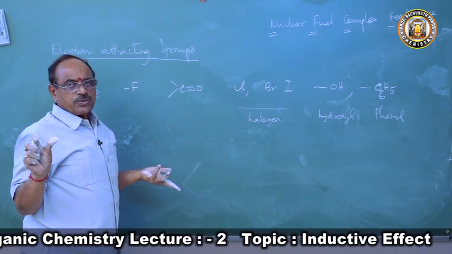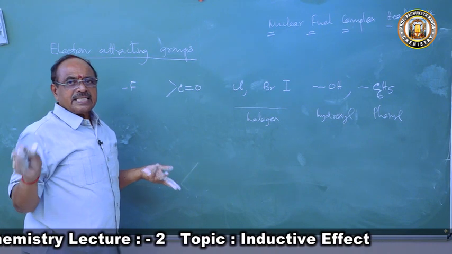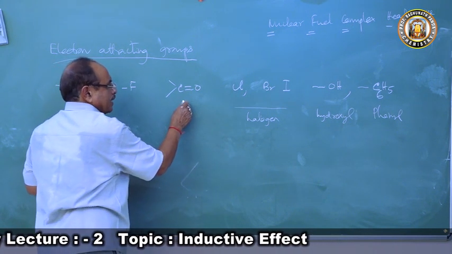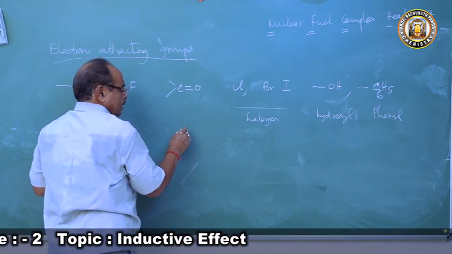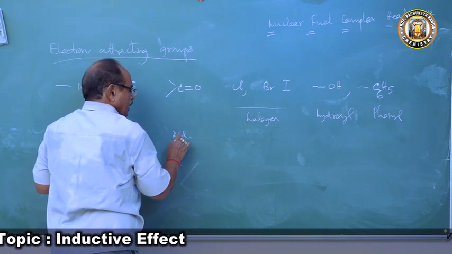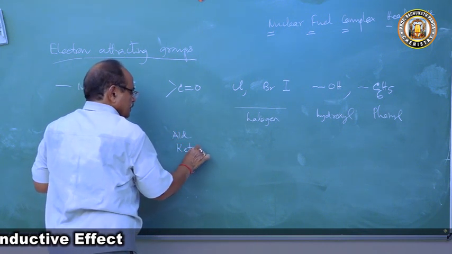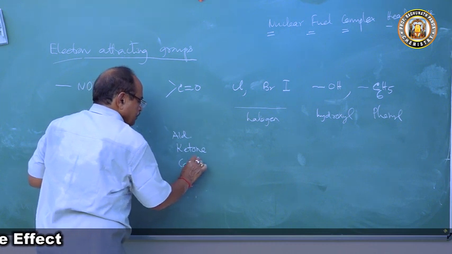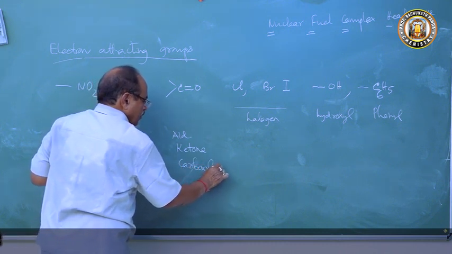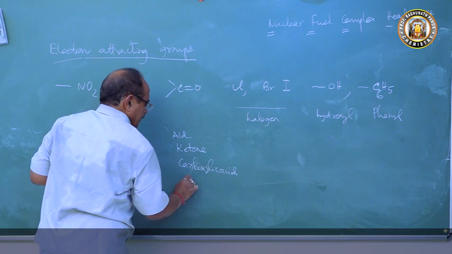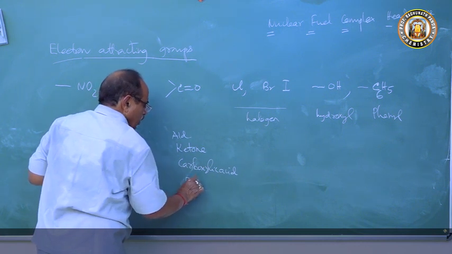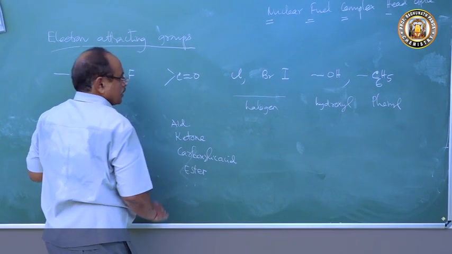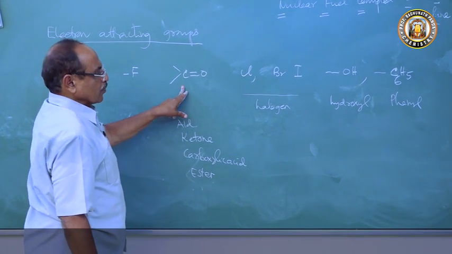Aldehydes, ketones, carboxylic acids, and esters. All these groups contain the CO group. So all these groups are electronegative groups.